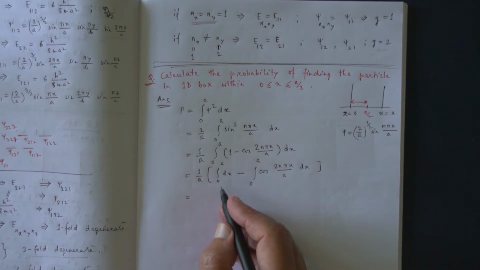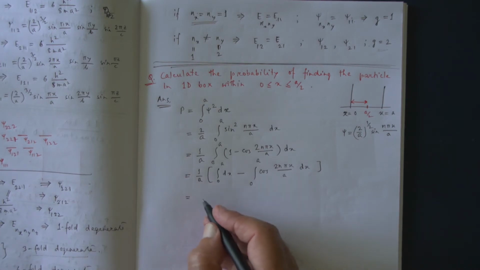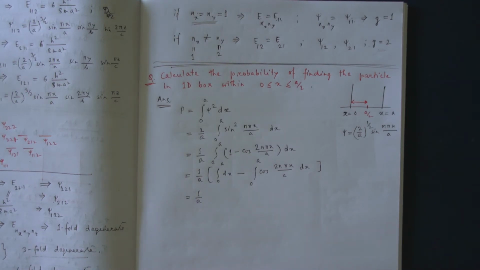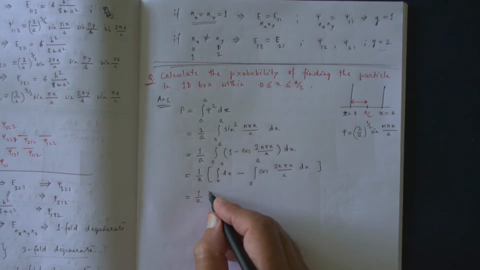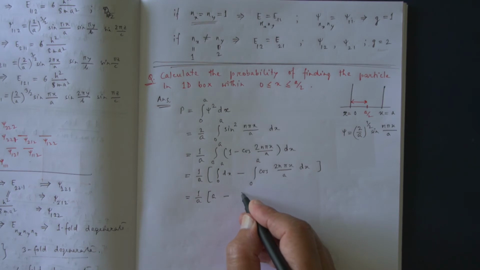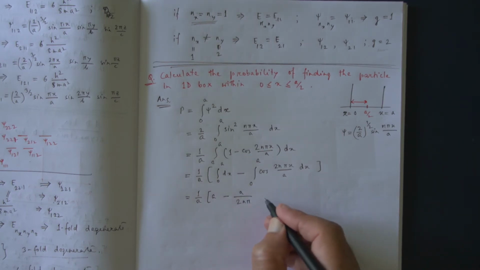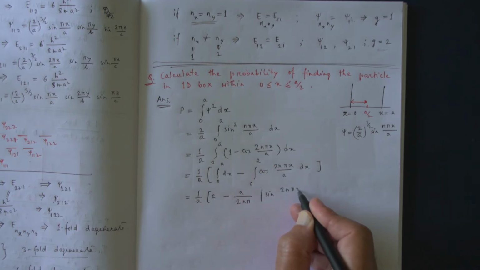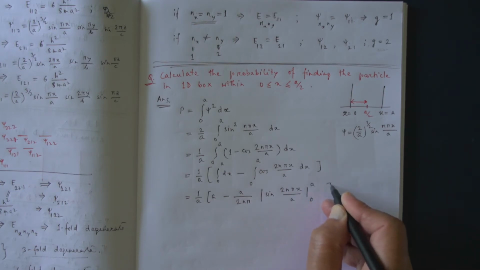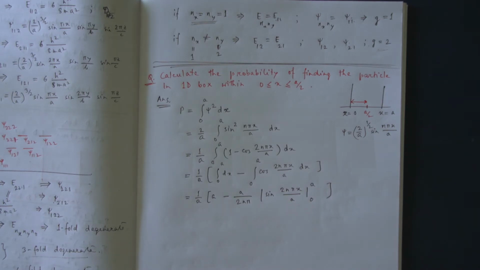This will be equal to 1 by a into, with the minus, a by 2 n pi sine 2 n pi x by a, from 0 to a.